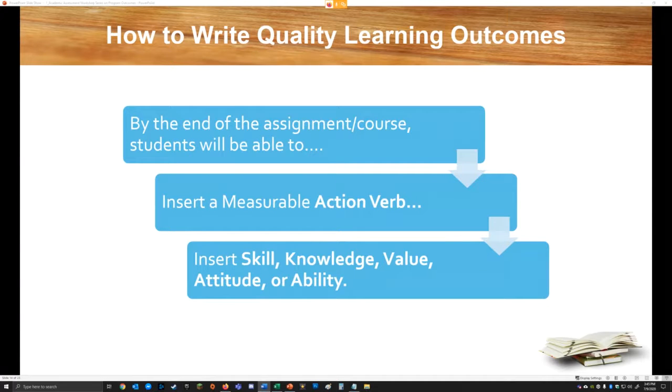It's looking at what students will be able to; we encourage that you use that kind of phrasing. Then you pick a measurable action verb, and we'll have some examples of measurable action verbs later. And then at the end, you should choose a skill, knowledge, skill set, attitude, ability, something like that, that the students should be able to achieve by the end of the course or the program. Next.